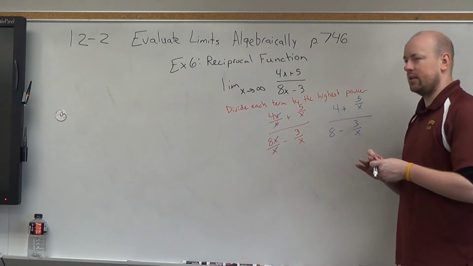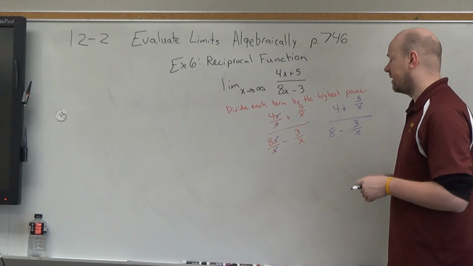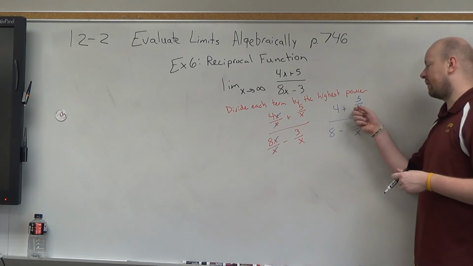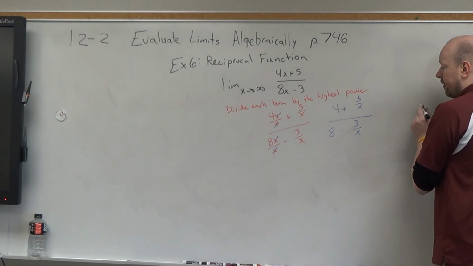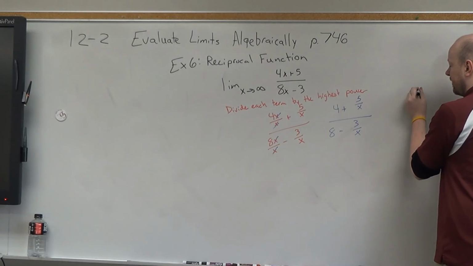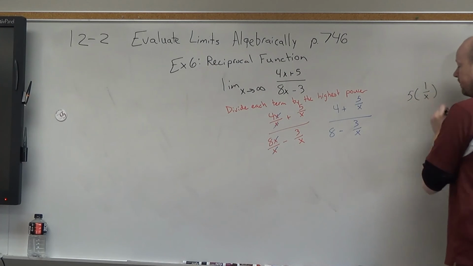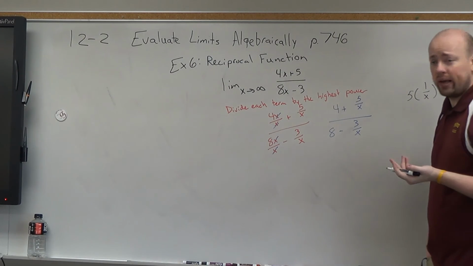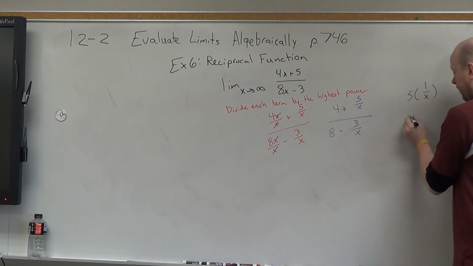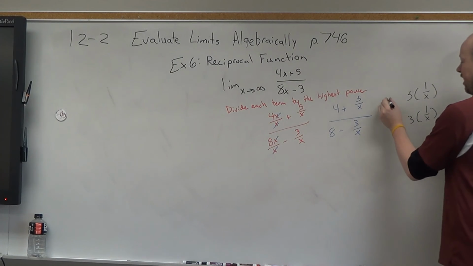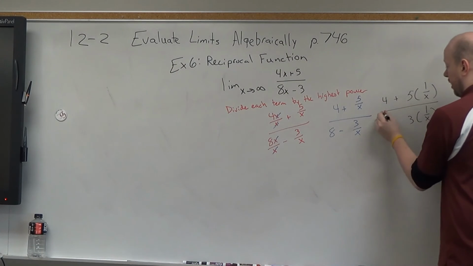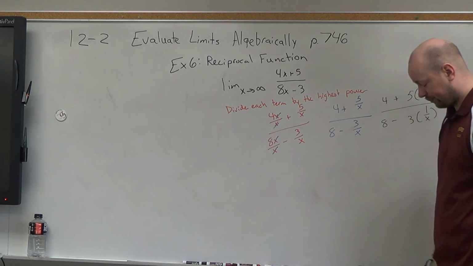So the scalar rule says that if I have a scalar multiplied by something, I can just pull it out front. Well, do you agree that instead of saying 5 over x, that's the same thing as 5 times the quantity 1 over x? Those are the same thing, right? Just like 3 times the quantity 1 over x is there. And I still have my 4 plus and my 8 minus.